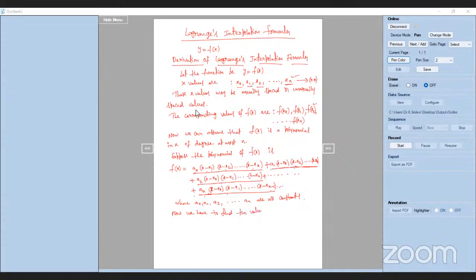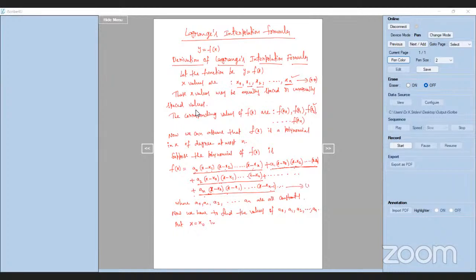To find the value of a0, we have to put x equal to x0 in equation 1.